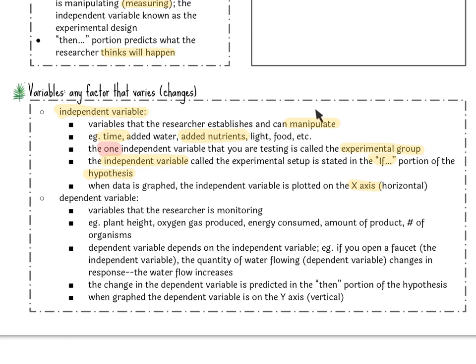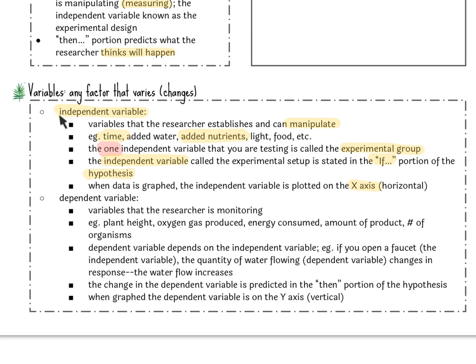Okay, so that sums up the independent variable. Lots of times the two types of variables can be confusing because they have the same root word. They sound a lot alike. The way I remember which one is which is that the independent variable starts with an I, and it is the one I, as the researcher, as a scientist, am changing, okay?